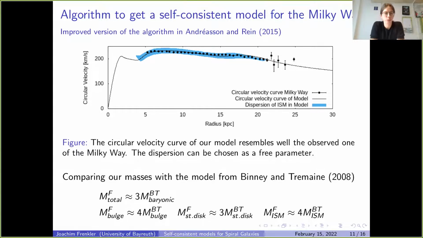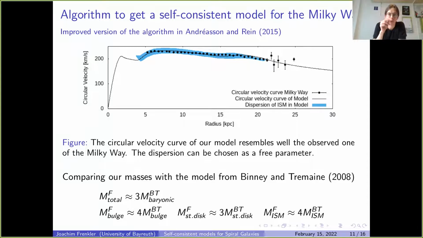I compared the masses of my model with a model that is given in the textbook of Binney and Tremaine from 2008. And there we see that the total mass of the model here is about 3 times the mass of the baryonic components in the model of Binney and Tremaine.